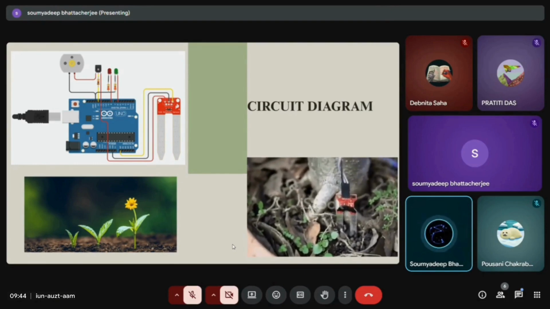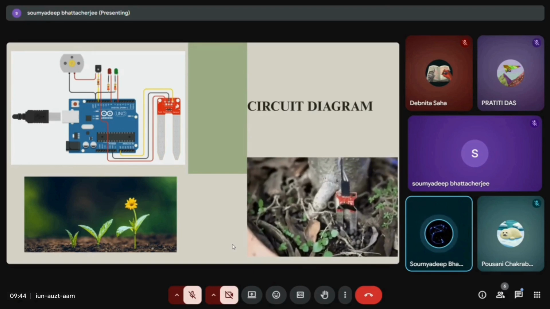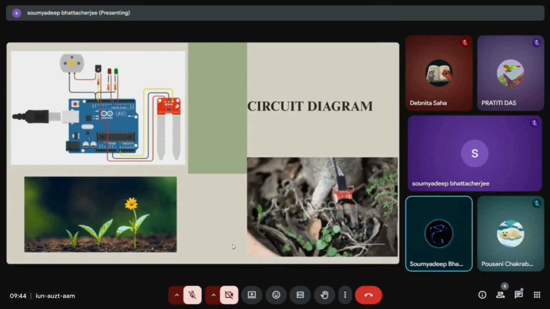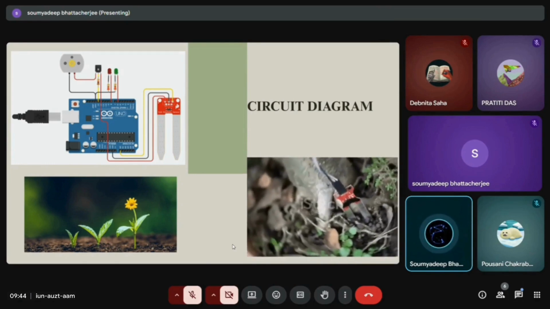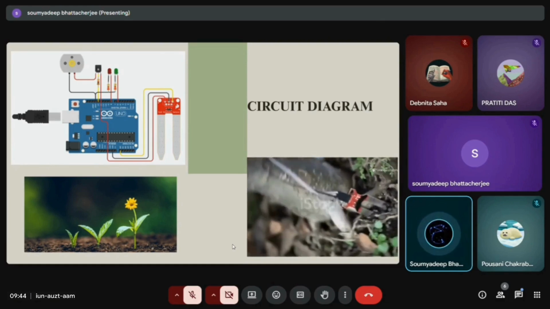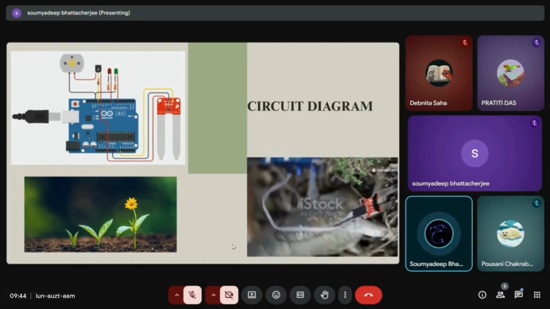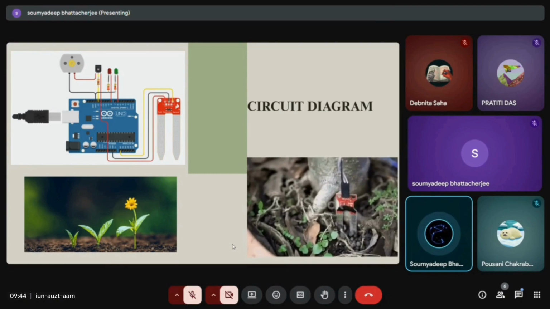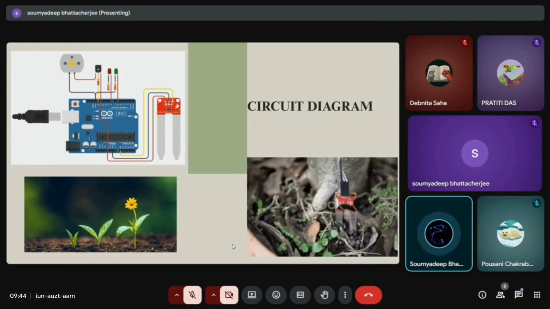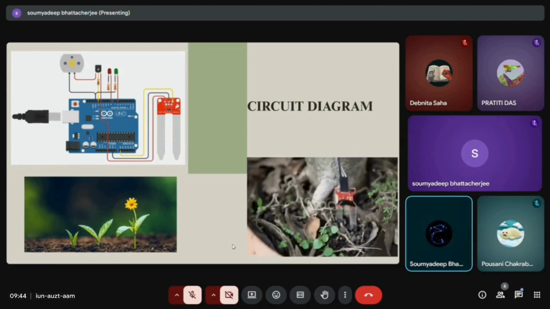Focusing on the input side first, the soil moisture sensor is wired to provide an analog voltage to one of the analog input pins on the Arduino, usually A0. Why do we use an analog pin? Because soil moisture is not just wet or dry.